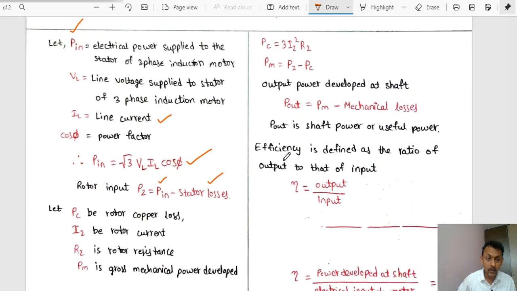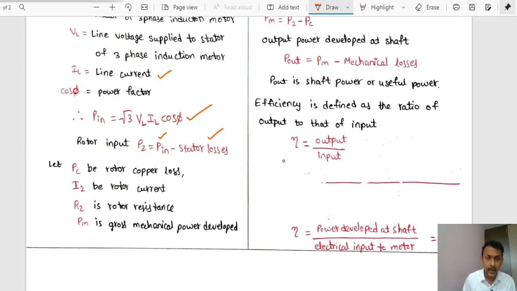Now this is the input. This entire input will not be developed as output across the shaft. Again there will be losses at the rotor also. Those are to be subtracted. Let PC be the rotor copper losses, because the rotor is also having a winding. So obviously we will be having rotor copper losses. Let I2 be the rotor current and R2 be the resistance of the rotor.